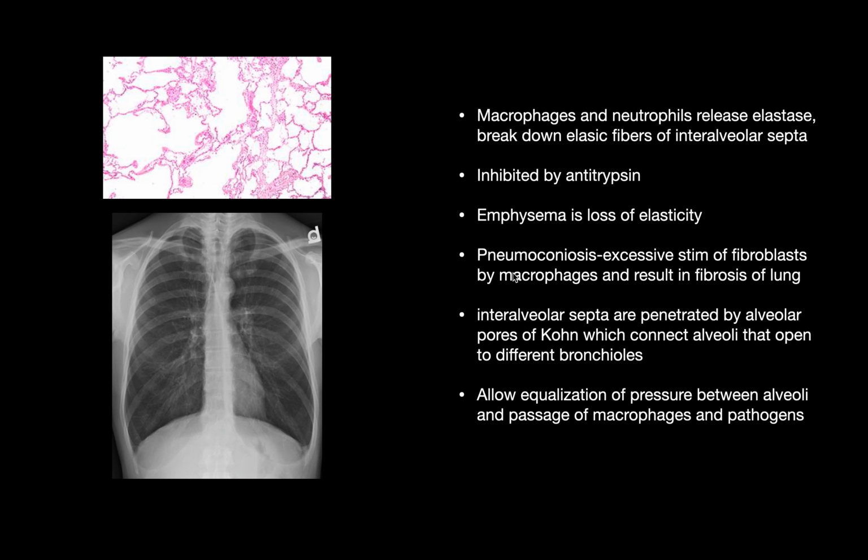So pneumoconiosis is going to be an excessive stimulation of fibroblasts, and I just described that. And then the interalveolar septa are going to be penetrated by alveolar pores of Kohn, and those connect the alveoli to different bronchioles. And by doing so, it allows the equalization of pressure between alveoli, but unfortunately, it's also a route of infection.